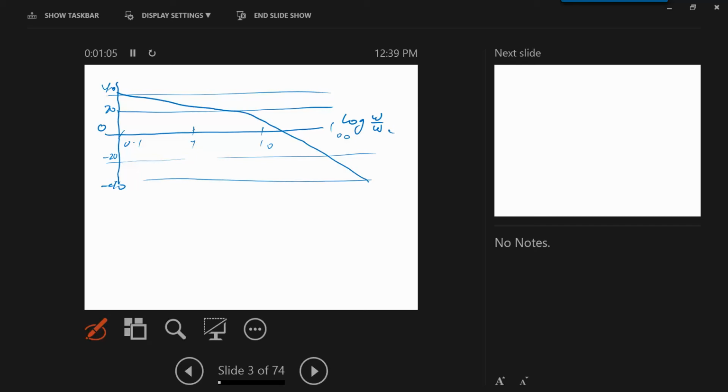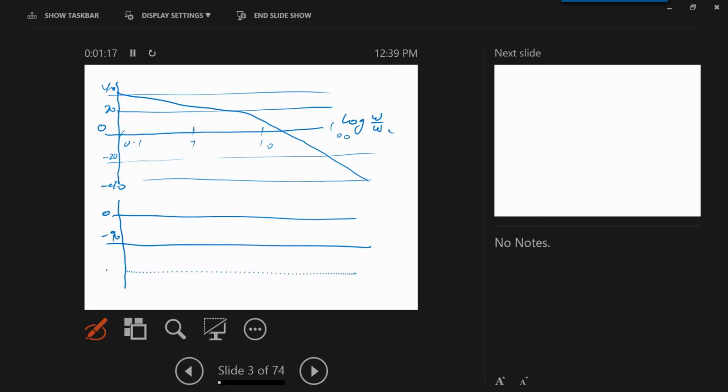Okay, that is my magnitude plot, and I have a phase angle plot, where this is 0 degrees, minus 90, minus 180, and minus 270. I don't know why the minus 180, which is what we want, is not drawing.